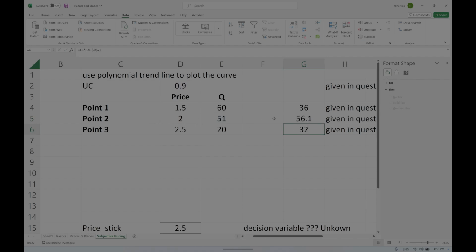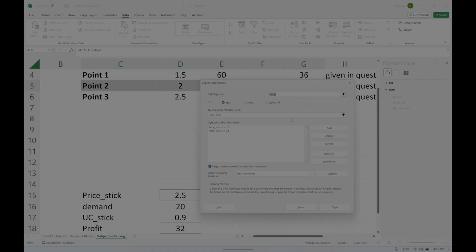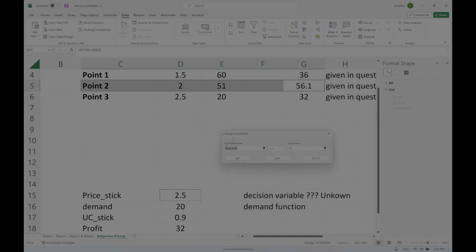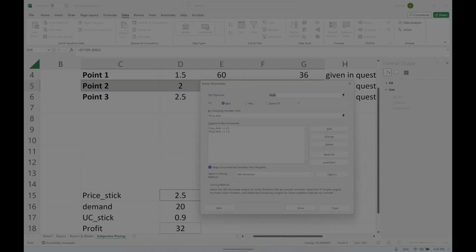So in fact, something is wrong here. Maybe, did I put here 2.5? Less than, greater than. You see what was wrong? Oh no, it should be less than or equal. I'm sorry, I thought so. So the price is greater than or equal to 1.5, which is the minimum price, and less than or equal to 2.5, right?